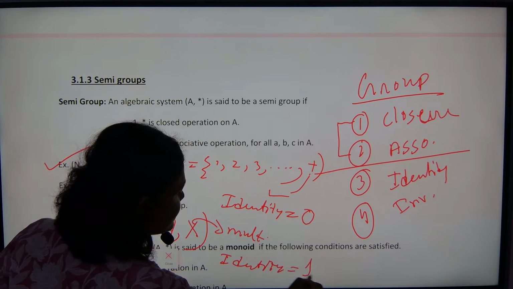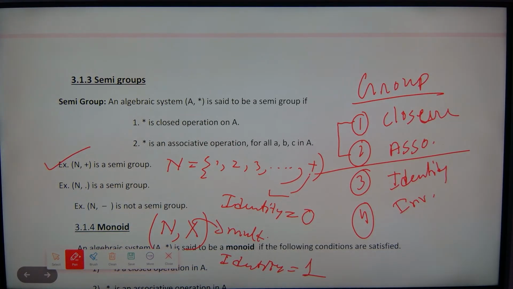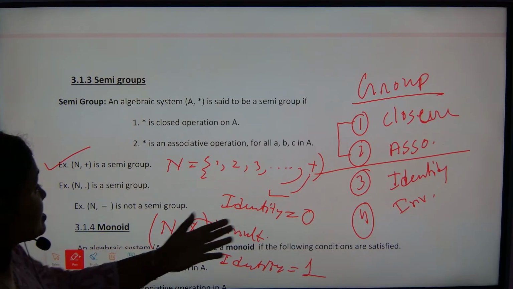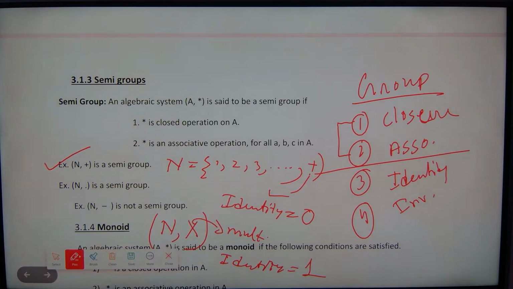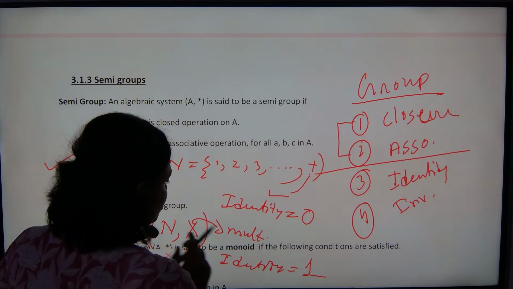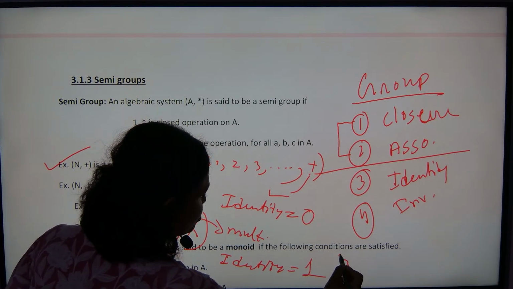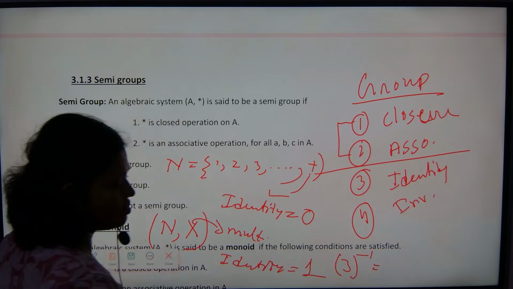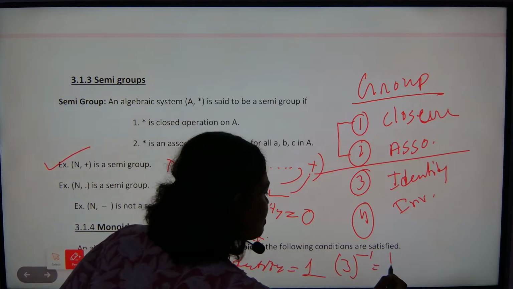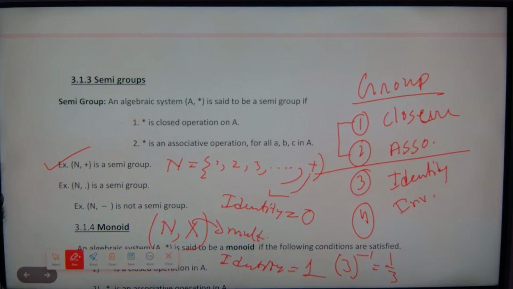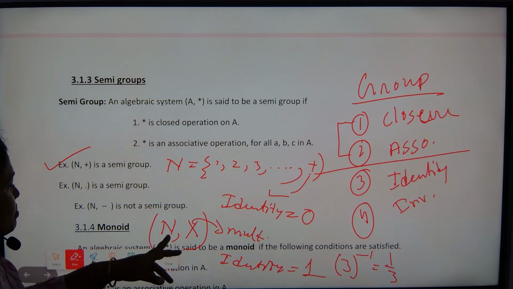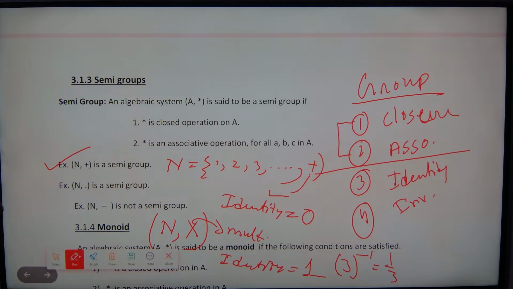The multiplicative identity is 1. It is there, but the inverse is not there. Now what is the inverse of 2 or 3? The multiplicative inverse is 1/3, because it is multiplication. Now 1/3 does not belong to N. Done.